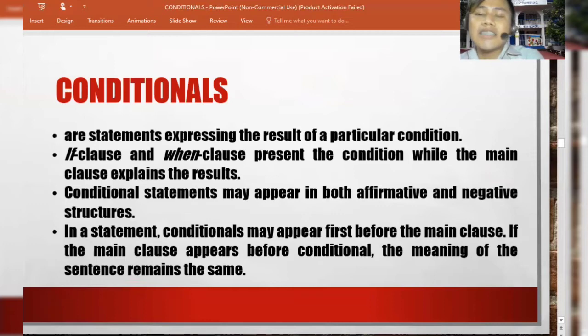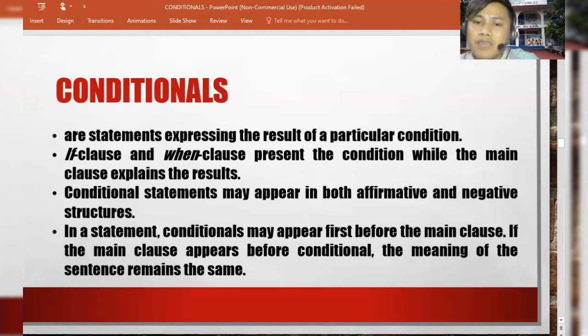So now let's go further about conditionals. What do we mean by that? It's not about the condition alone. It says here that these are statements that express the result of a particular condition.